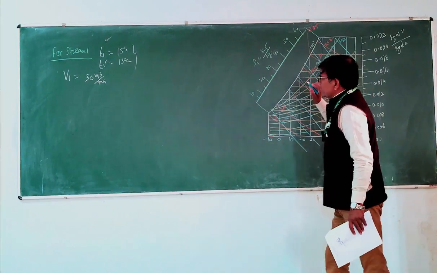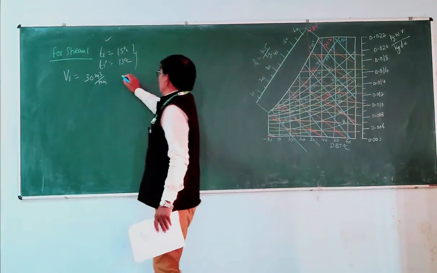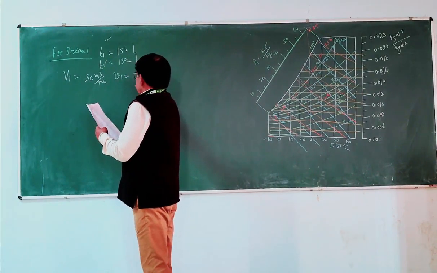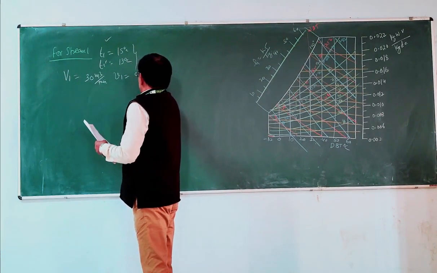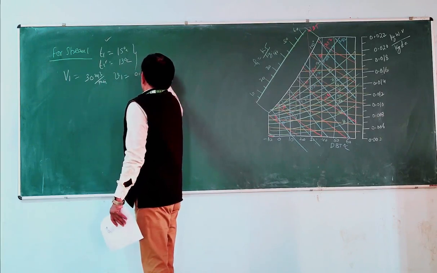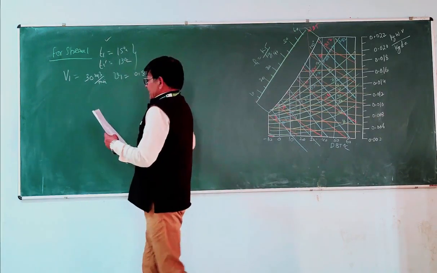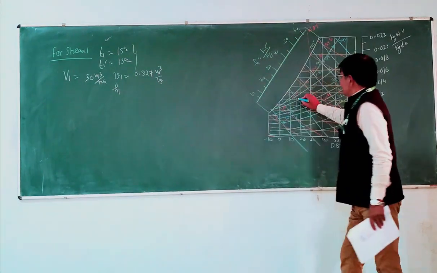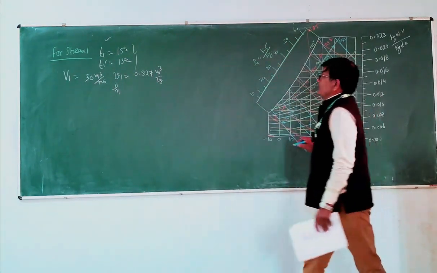So you can get specific volume v1 equal to 0.827 meter cube per kg, and H1 you find here.